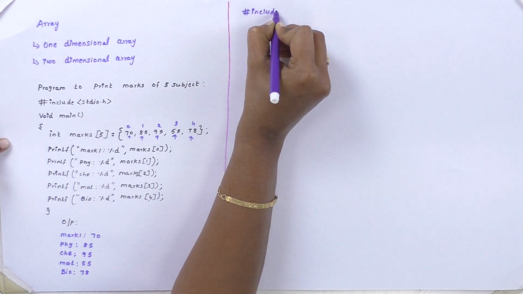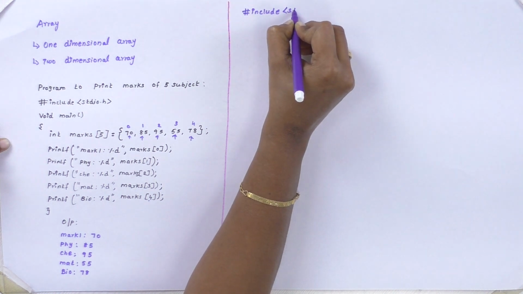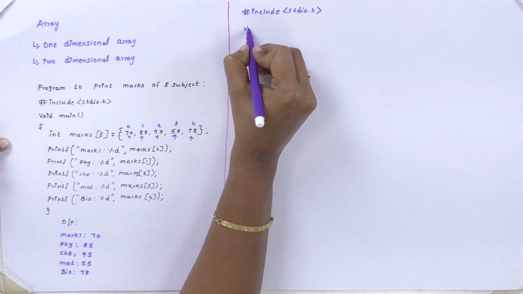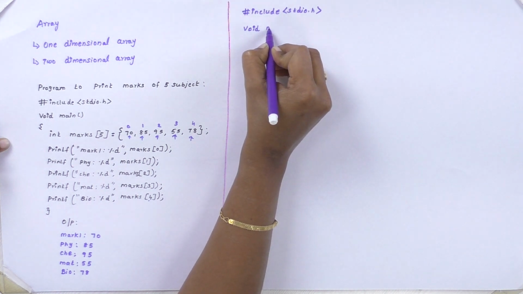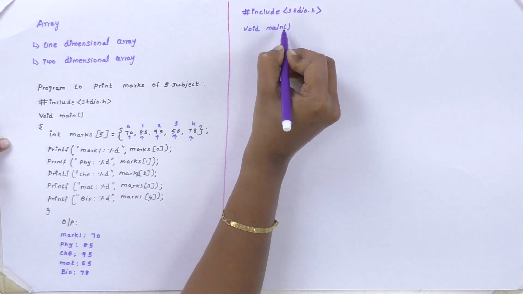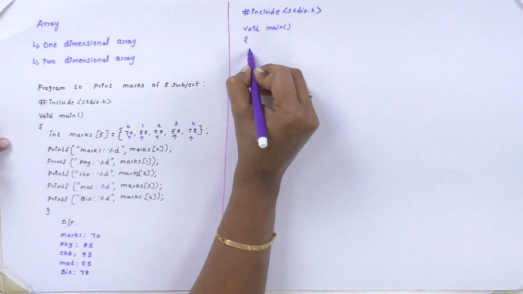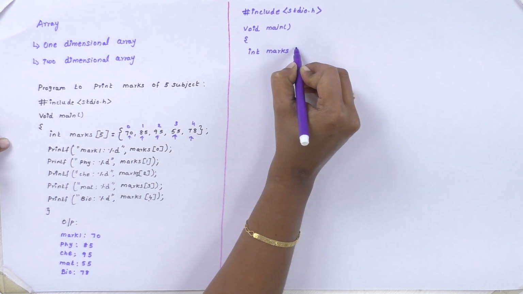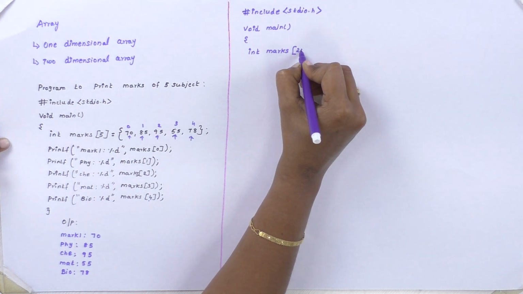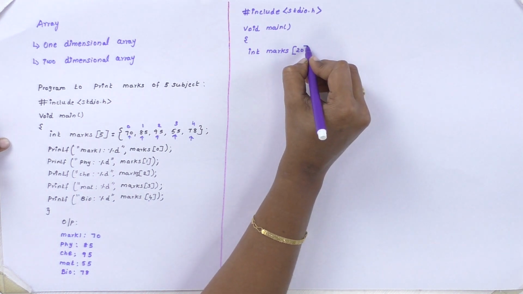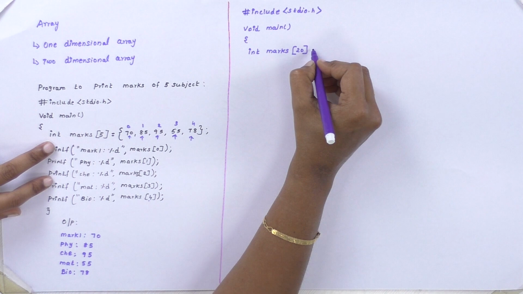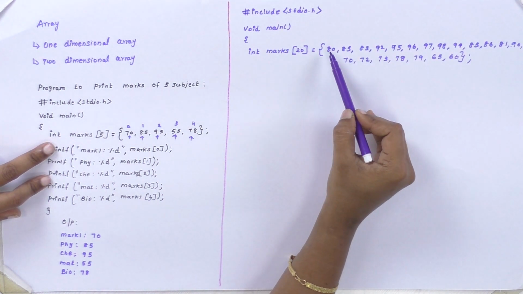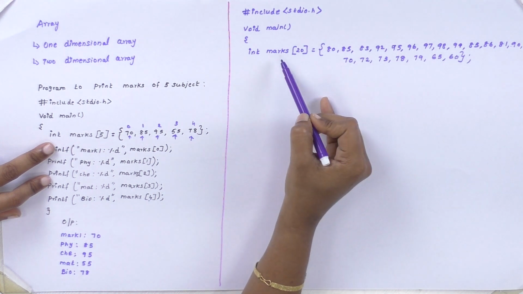Hash include stdio.h, void main. So I am going to declare marks of 20 subjects. If we want to print the values of 20 subjects, here I give 20 values in the variable marks.